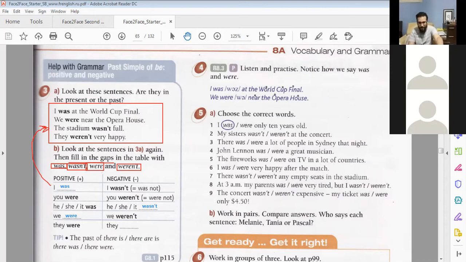Okay, and now can you read them, all of them from the beginning? All the negative examples, starting from I. Okay. I wasn't, you weren't, he, she, it wasn't, we weren't, they weren't. Very nice, very good.